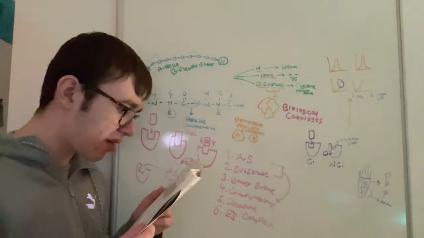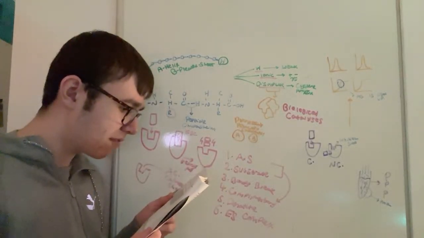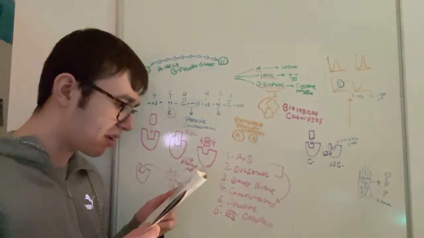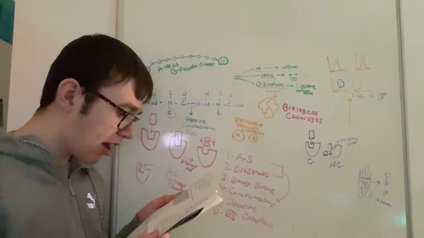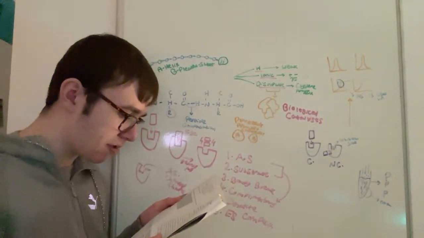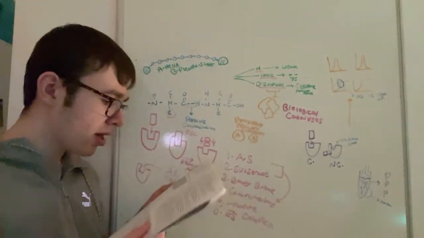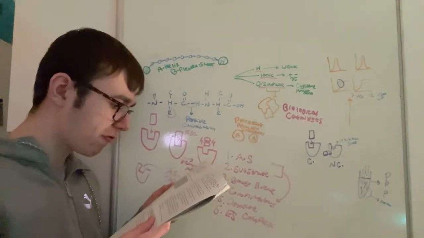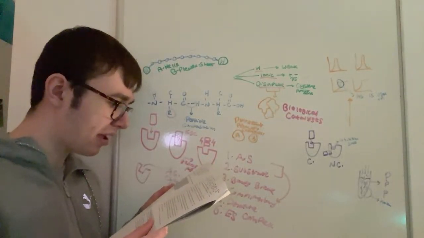A protease is an enzyme that digests protein. The graph shows how the activity of a protease varies with temperature. Explain the shape of the curve between 30 and 50. So it shows it going down. So as the temperature increases past 30, the enzyme will begin to denature.